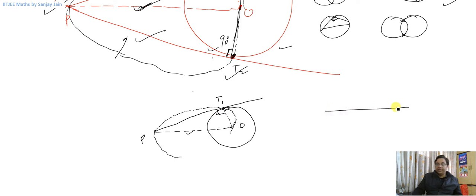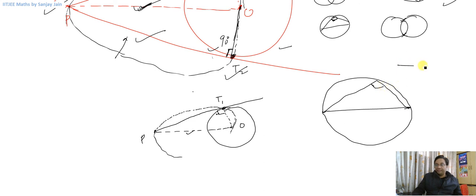If I take any line as my diameter and draw a circle, the angle in a semicircle is going to be 90 degrees. If I take a right angle triangle and take its hypotenuse as my diameter and draw a circle, it will definitely pass through the third vertex. So this is what I am using here. Now this circle is going to intersect the original circle at T1 and another point.